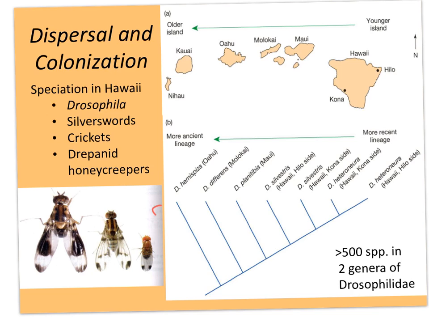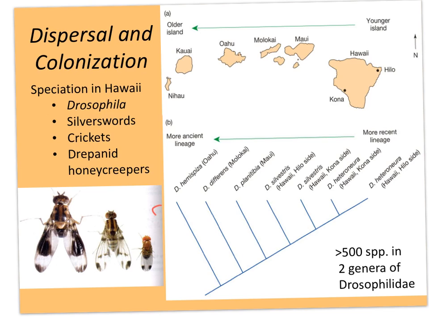This is a good example of dispersal and colonization. The Hawaiian Islands, they're really out in the middle of nowhere in the eastern Pacific. And it's amazing, these are oceanic islands. So they've never been attached to a mainland at all. And somehow, these different species made it, small founding population made it to Hawaii. Okay? Now, there was Drosophila, these are fruit flies.